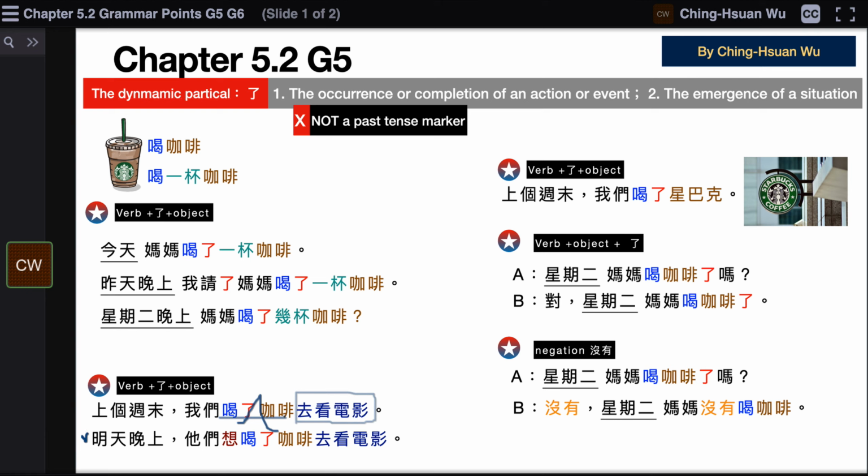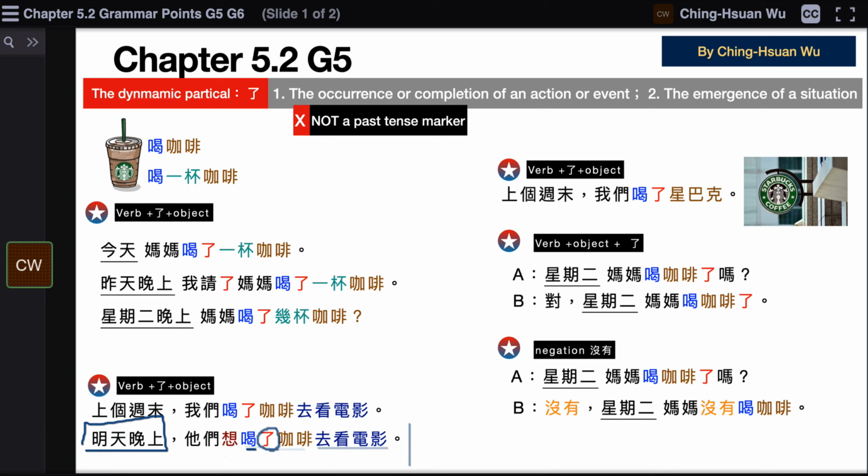Next, 明天晚上他们想喝了咖啡去看电影. Tomorrow evening, they are thinking, drink coffee and then go watch a movie. This sentence is to show you 了 can be used to describe a future event, tomorrow.